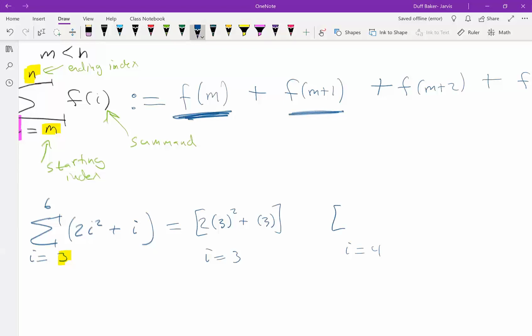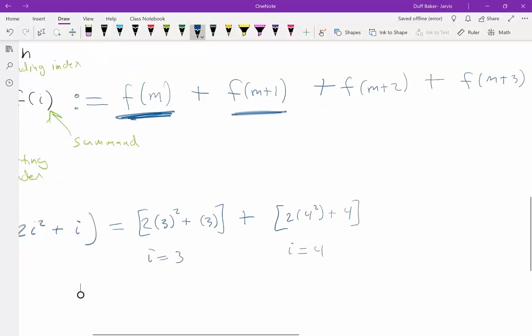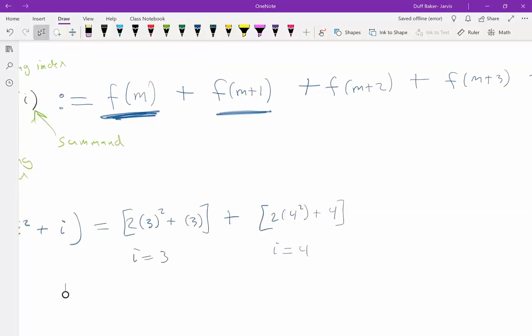And so if I plug in 4 now, you get 2 times 4 squared plus 4, and we're going to end up adding all these. And so you would keep doing this until you get to 6. So we need 2 more.